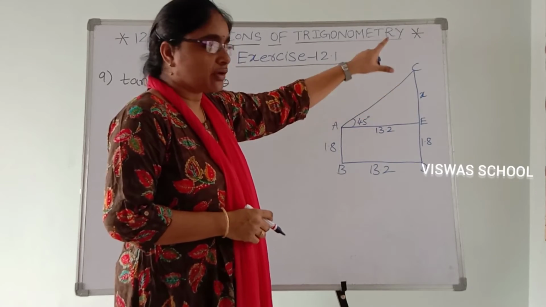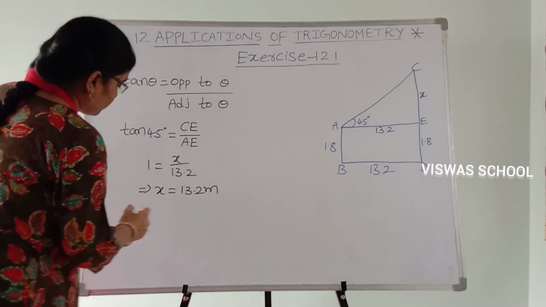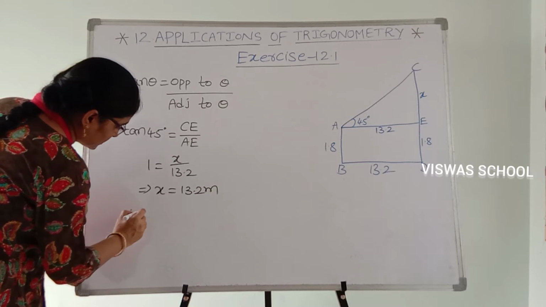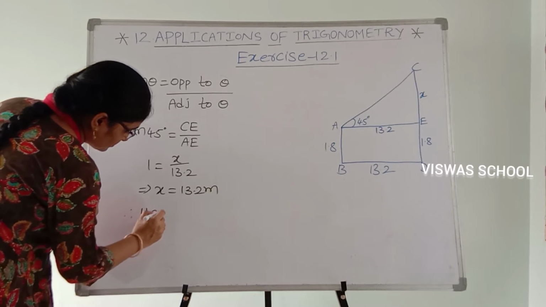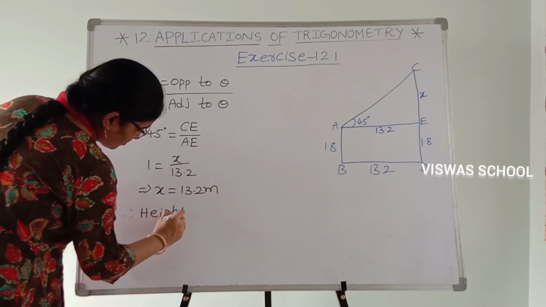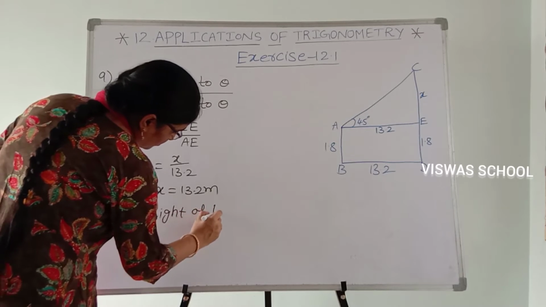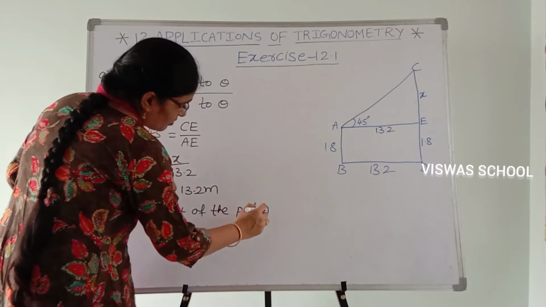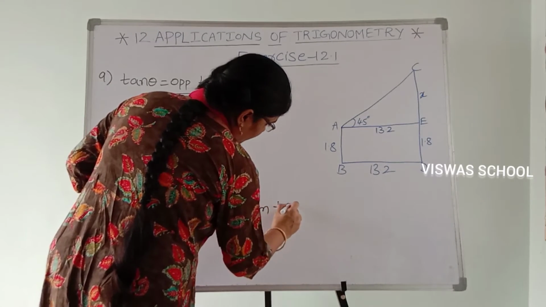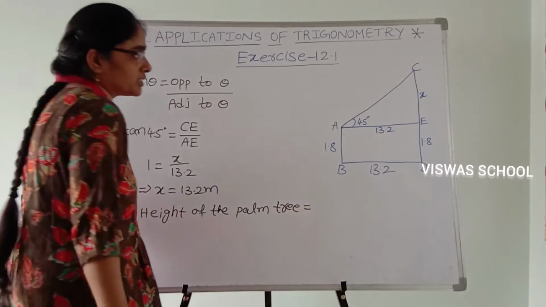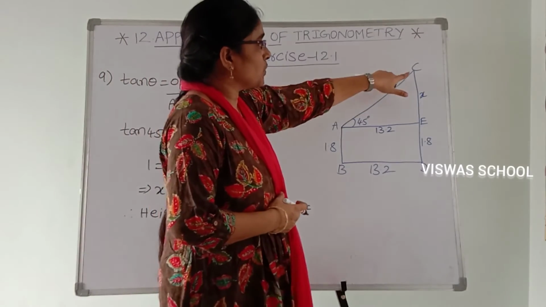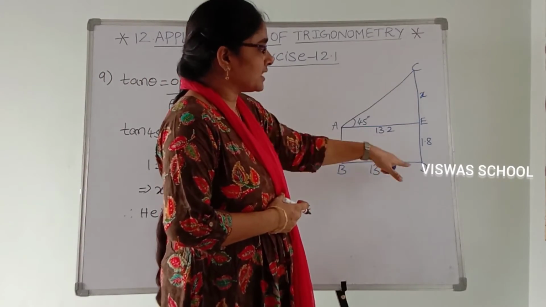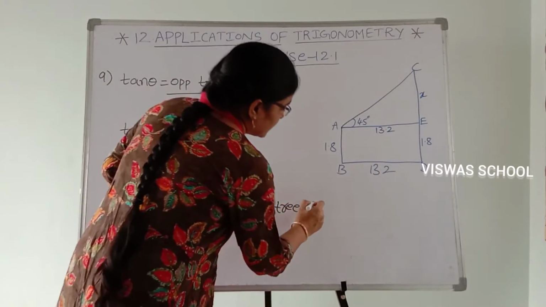Now this is only X, that is only the CE value. Now we have to find out the height of the palm tree. The total height is equal to CD.